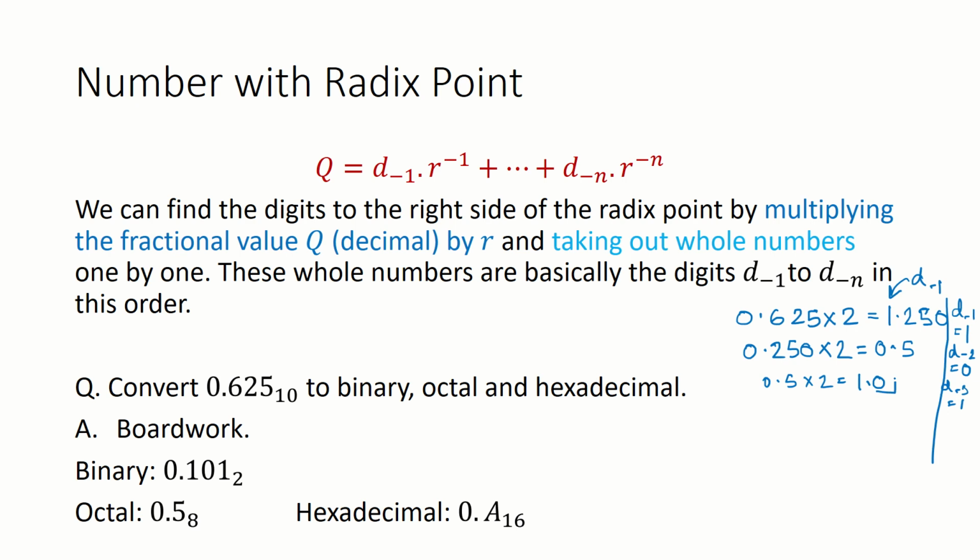As soon as there is no more fractional part, your algorithm will terminate. So, d minus 1 is 1, d minus 2 is 0, d minus 3 is 1. So, it is 0.101 in binary.